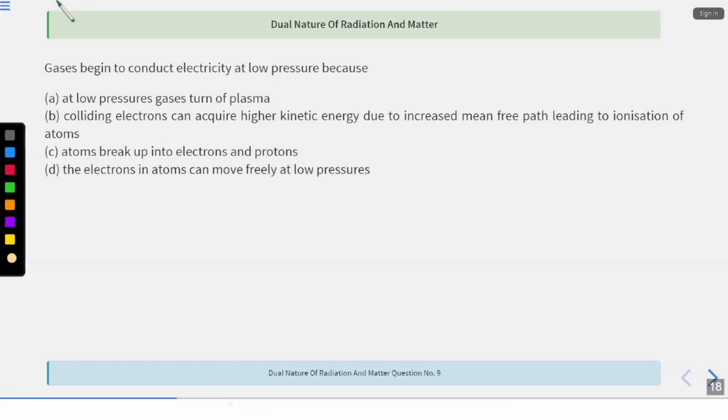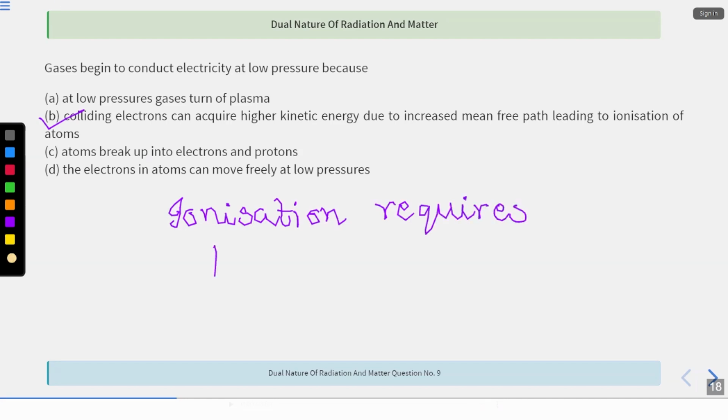The correct option is option B. Okay, and why is that? We know that ionization requires high energy electrons.